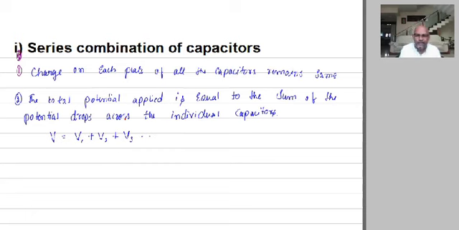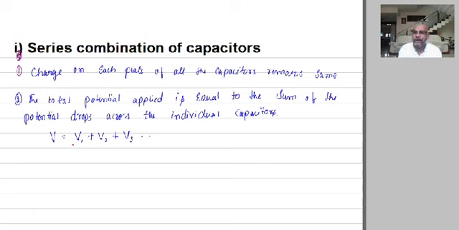If V is the total applied potential, that is equal to V1 plus V2 plus V3. What is V1? V1 is the potential drop across the capacitor 1. V2 is the potential drop across the capacitor 2, and V3 is the potential drop across the capacitor 3.